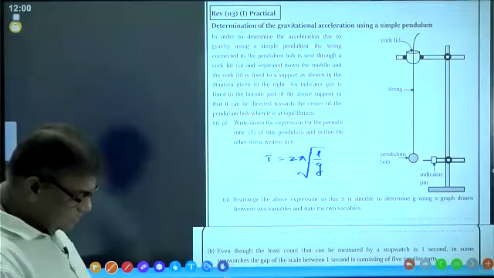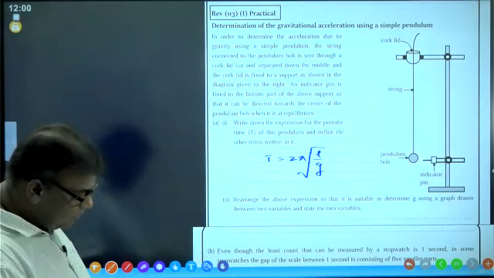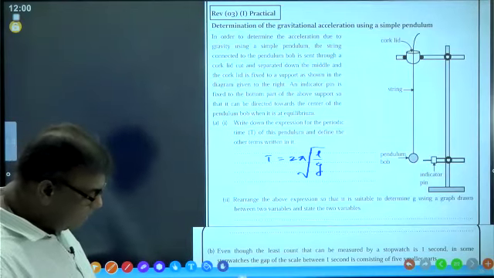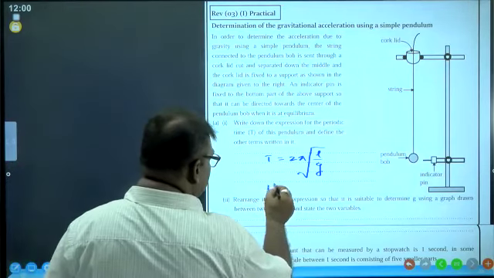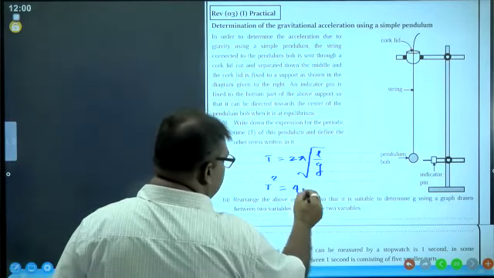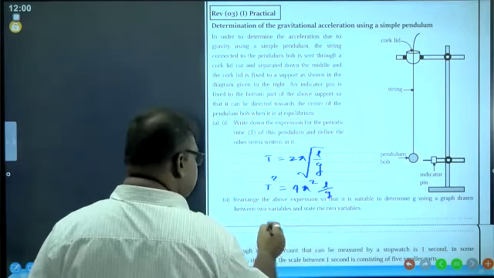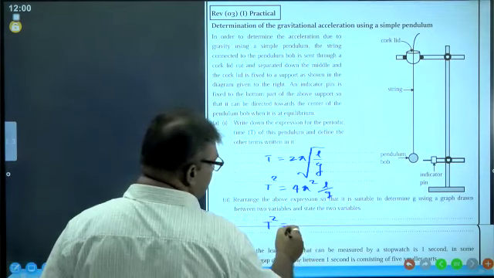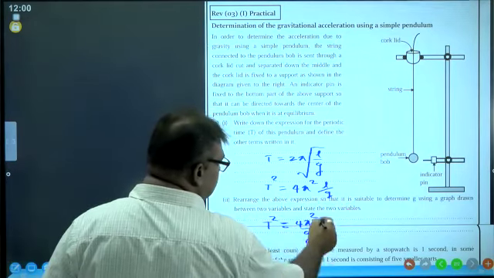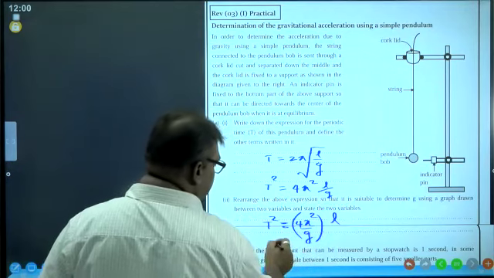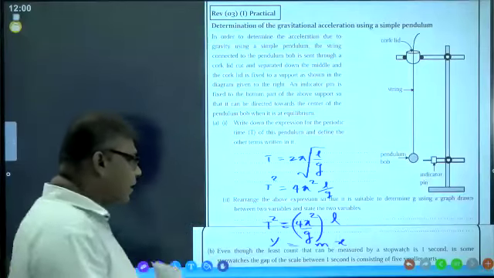Rearrange the above expression so that it is suitable to determine g using a graph drawn between the variables, and state the two variables. Then we have T squared equals 4 pi squared L over g. The correct arrangement is T squared equals 4 pi squared over g into L. It's y equals mx. This is the graph.